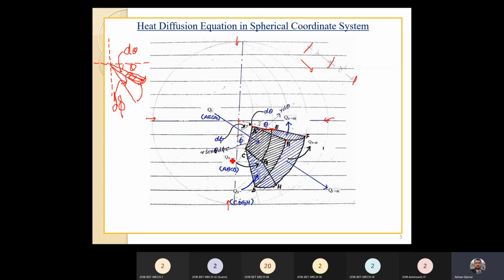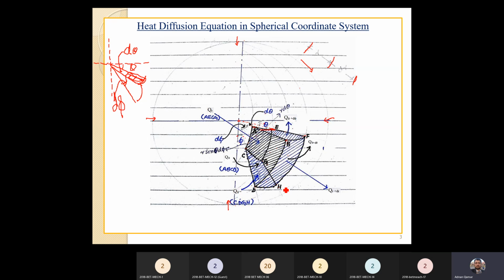So the heat entering from the left side, you can see, is the heat entering from area A, B, C, D. Also mentioned here, Q theta at A, B, C, D. Heat entering in this direction, and after crossing the thickness d theta, heat is leaving in this direction from the right side. This is not from the upper side, this is from the right side. This one, Q theta plus d theta. And this heat is leaving from which area?